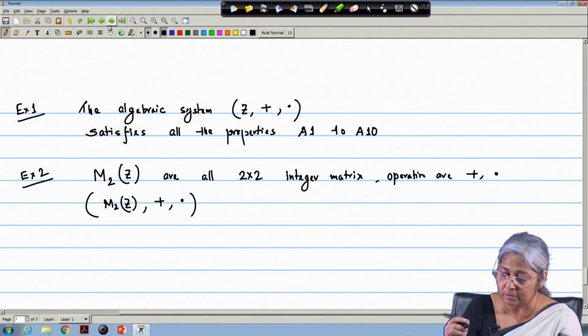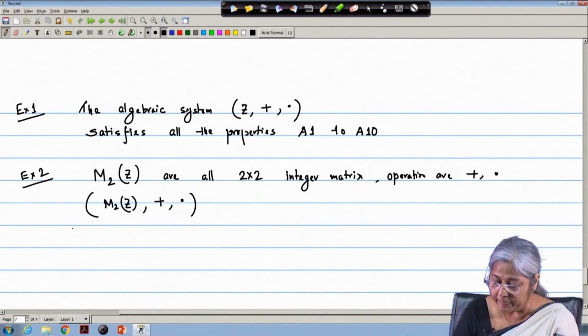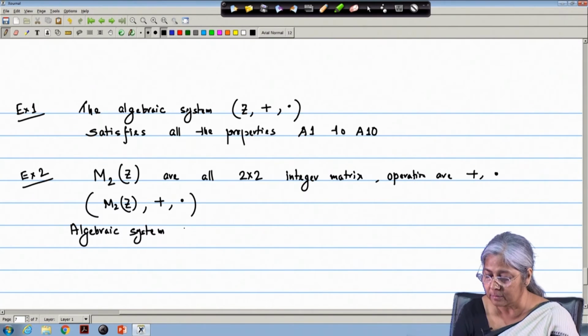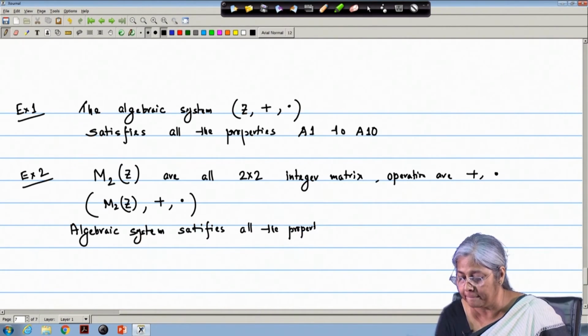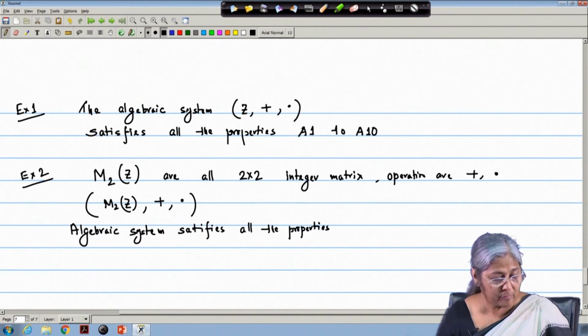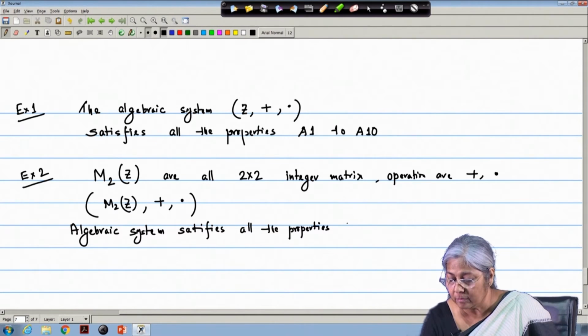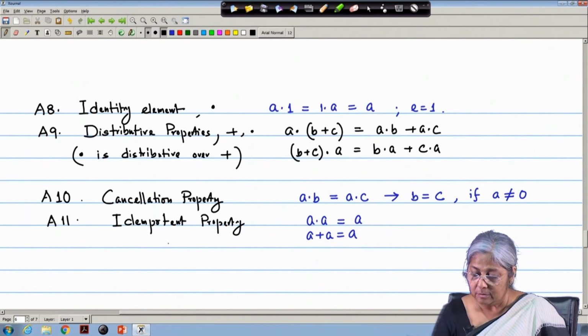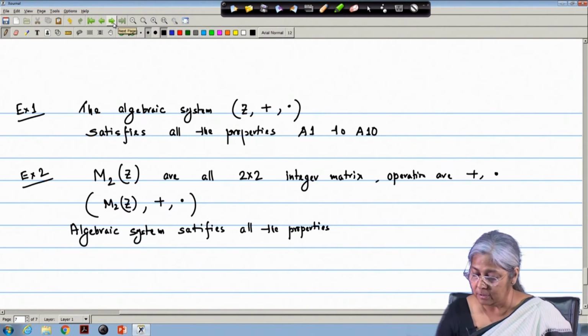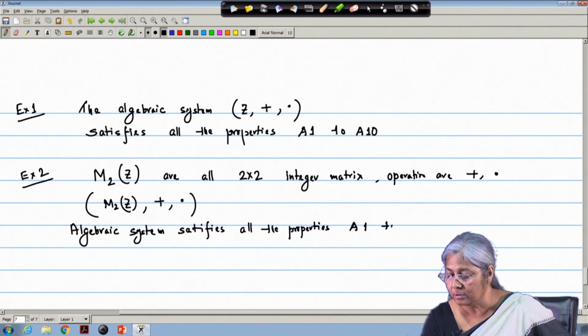We see that M2(Z), if I consider plus and dot, this algebraic system satisfies all the properties up to A9, the distributive property, because I am taking all the properties A1 to A9.